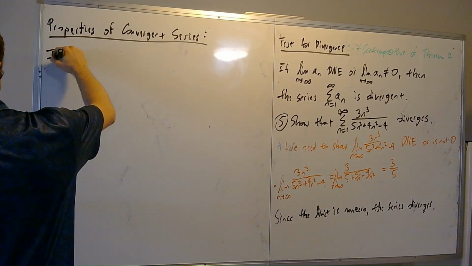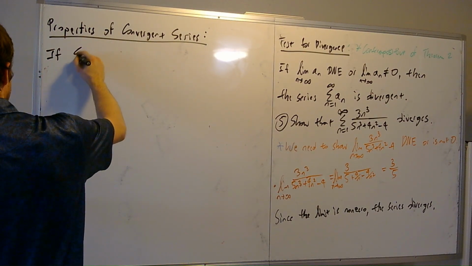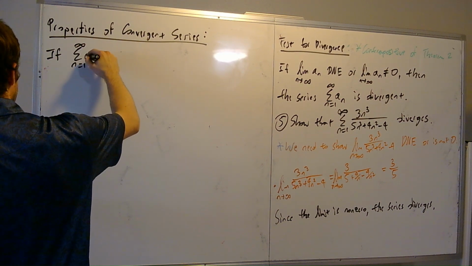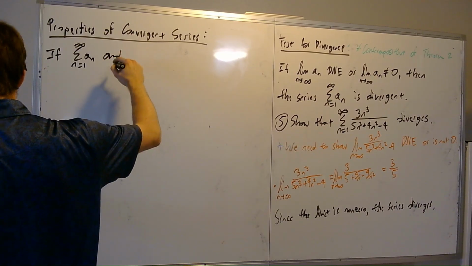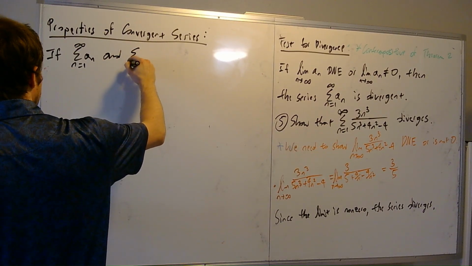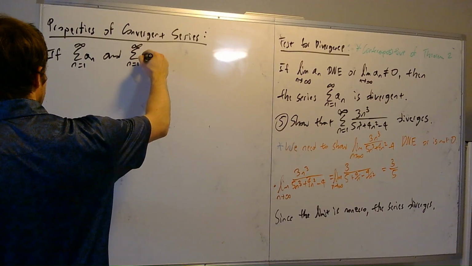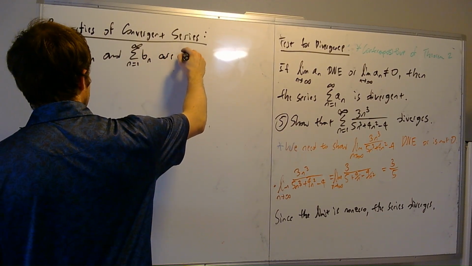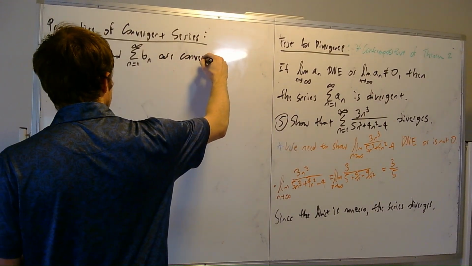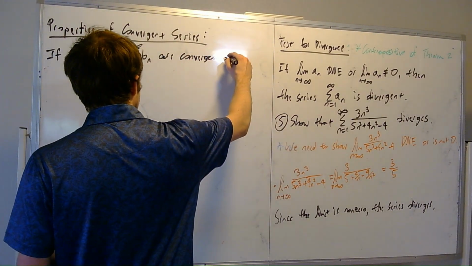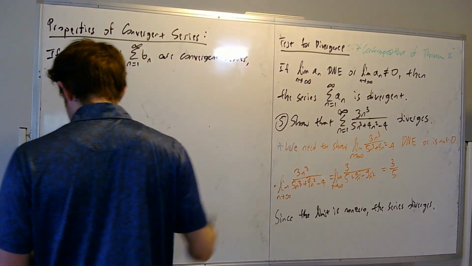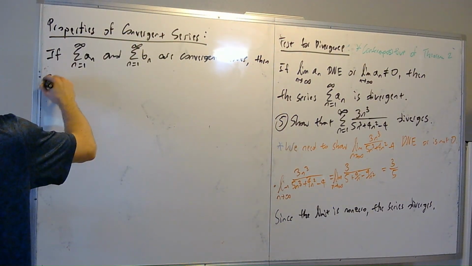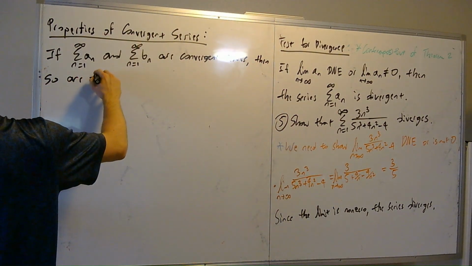If the sum from n equals 1 to infinity of an and the sum from n equals 1 to infinity of bn are convergent series, then so are the series.